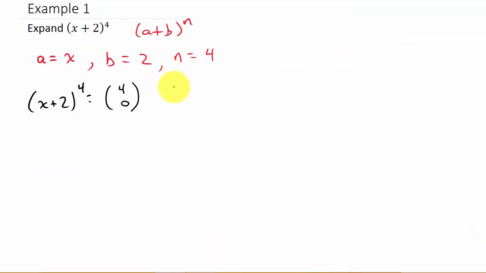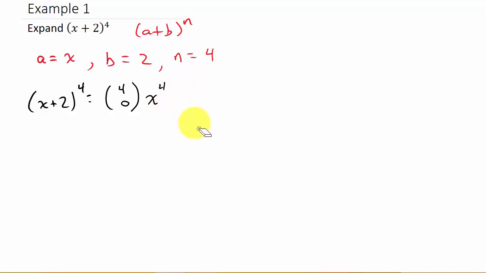Then it's times a to the n. Well, what's a? A is x, so that's x to the 4th. And then remember, there's no b term, so there's no 2 here. I mean, if you want, you can put 2 to the 0, but 2 to the 0 is just 1, and x to the 4th times 1 is just x to the 4th.